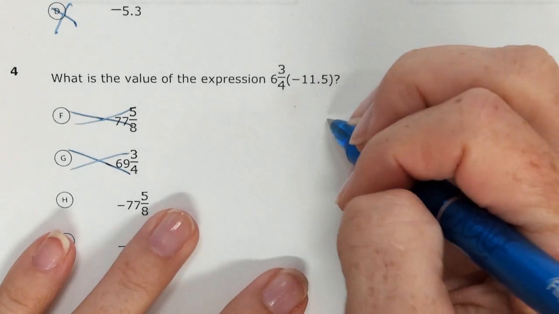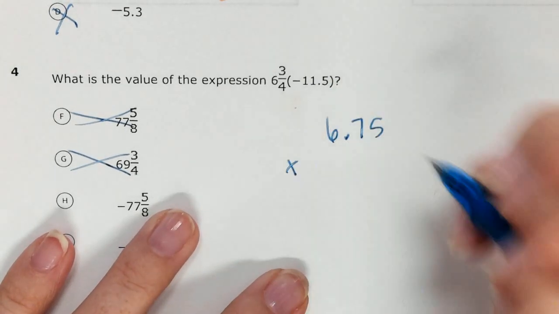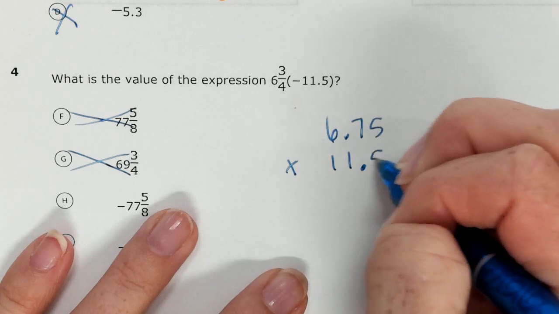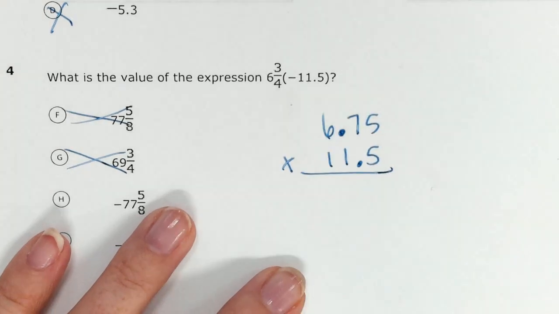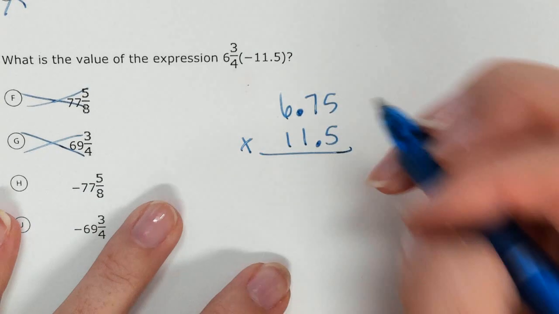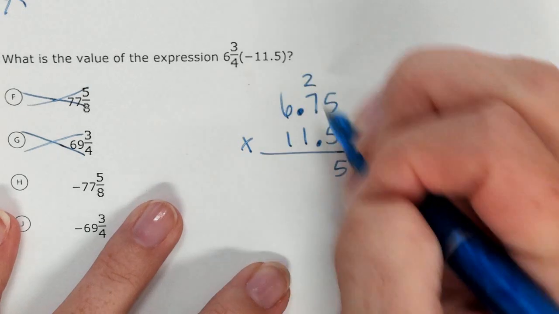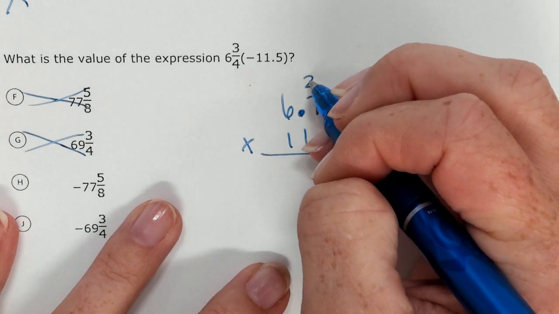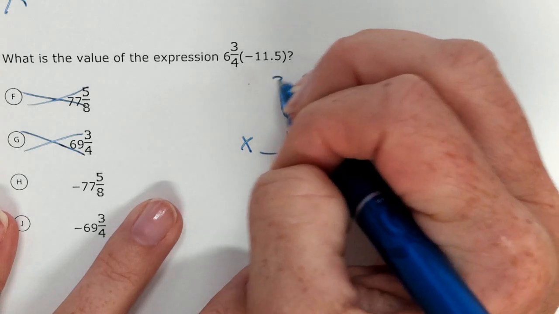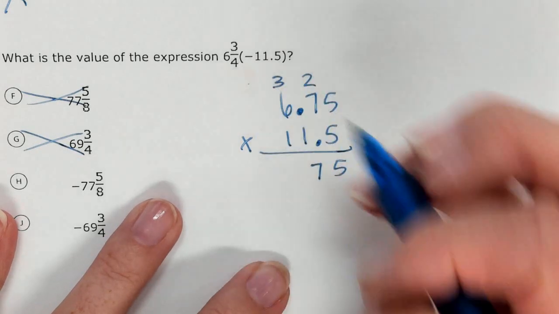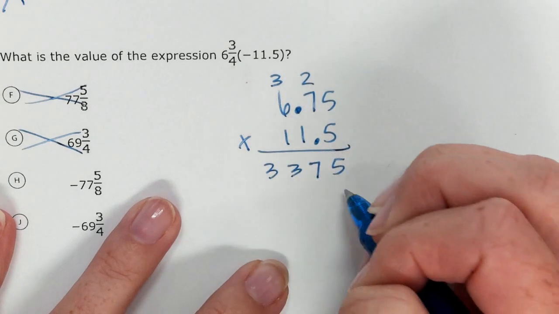So I'm going to do 6.75 times 11.5. Do I have to line up decimals when I multiply? No. 5 times 5 is 25. 5 times 7 is 35, plus 2 is 37. And 5 times 6 is 30, plus 3 is 33. Add my 0.